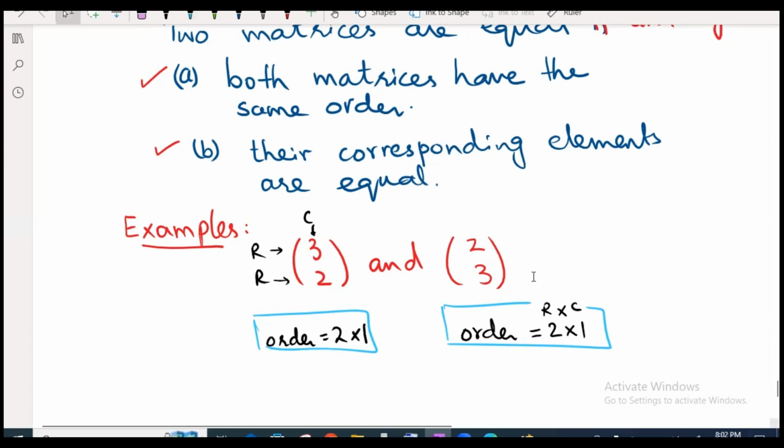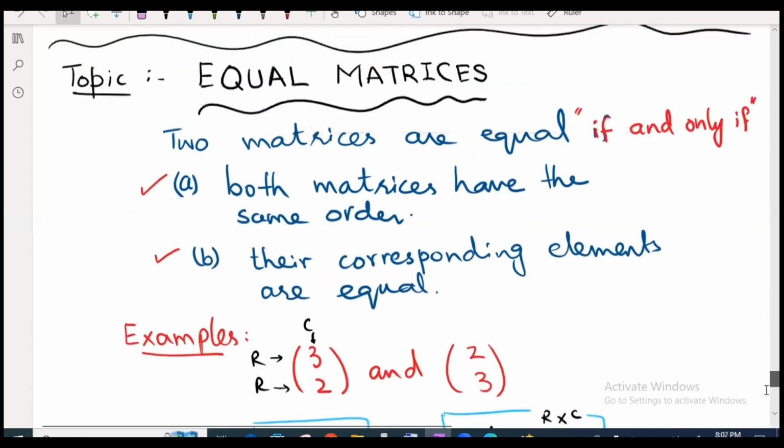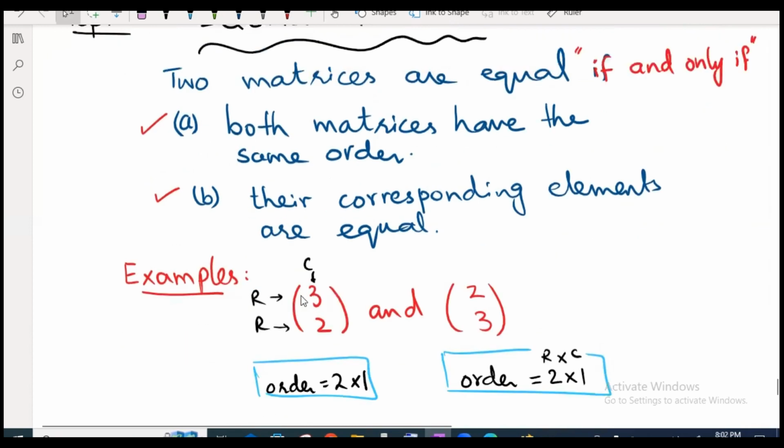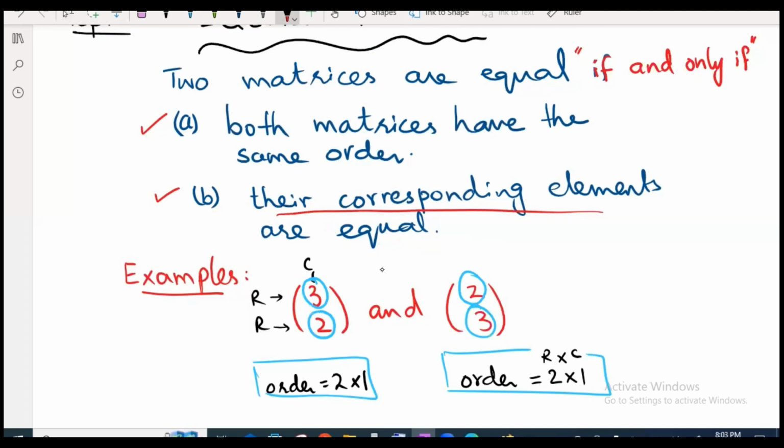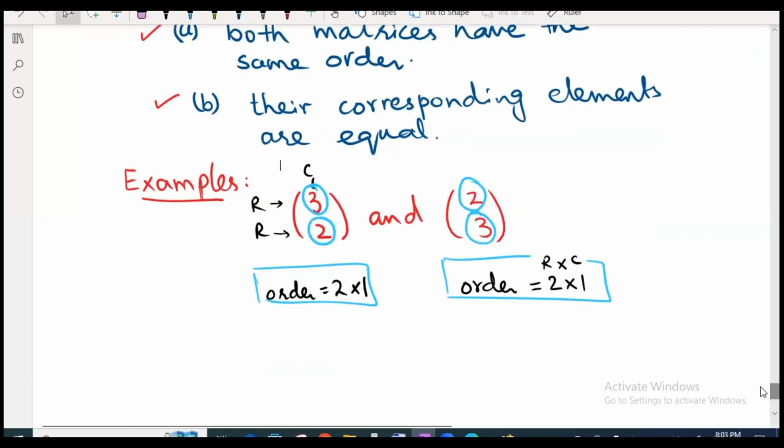Are their corresponding elements equal or not? जहाँ टू है, थ्री, दूसरे में नहीं है ना. करस्पॉन्डिंग एलिमेंट सेम नहीं है, क्योंकि जहाँ पे थ्री है वहाँ यहाँ टू लिखा हुआ है, ठीक है ना? 3 and 2 different, 2 and 3 are different, जबकि second condition is corresponding elements must be equal. Both conditions must be satisfied for equal matrices. सही है ना? बात समझ आई? मतलब बिल्कुल डिटो सेम होगा तो आप बोलेंगे हाँ, these are equal. We can say these matrices are not equal matrices.